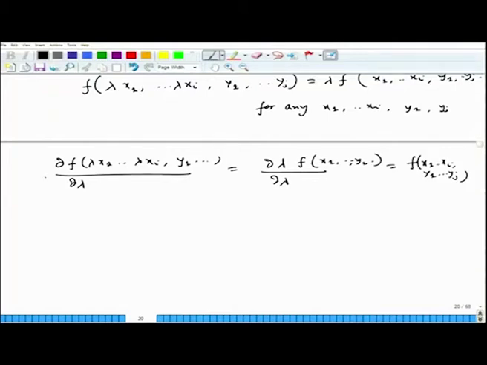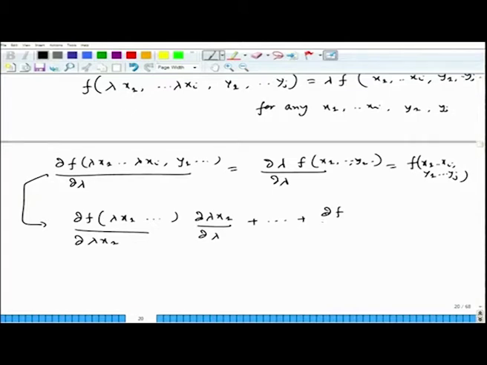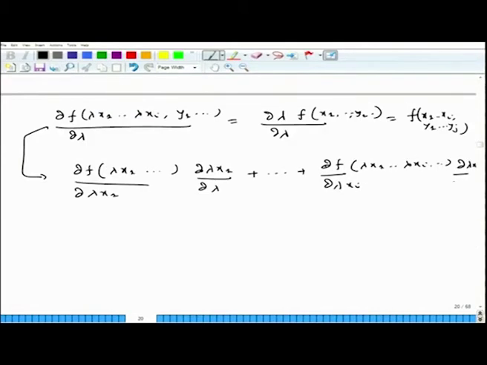Now you can also rewrite this expression as follows. Based on the differential information, this is del f by del lambda x1 times del lambda x1 by del lambda, plus and so on until you have del f by del lambda xi times del lambda xi by del lambda.